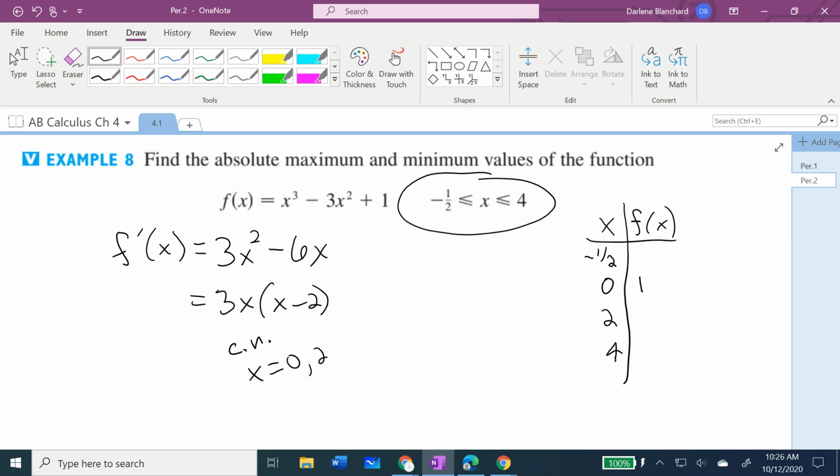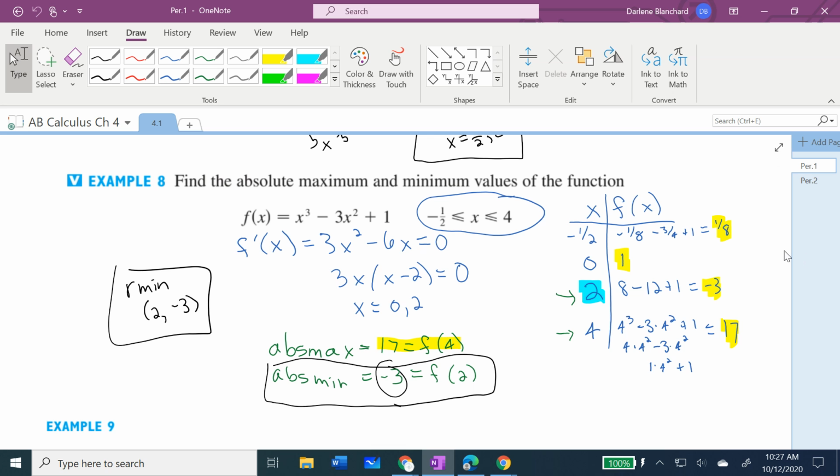And then we can sit here and go through the arithmetic. You guys can do it. I'm going to save myself breath and go over to what I did earlier today. I even had this ready because I didn't want to recalculate again. So we've got 1/8 when we plug in -1/2, -3 when we plug in 2, 17 when we plug in 4.